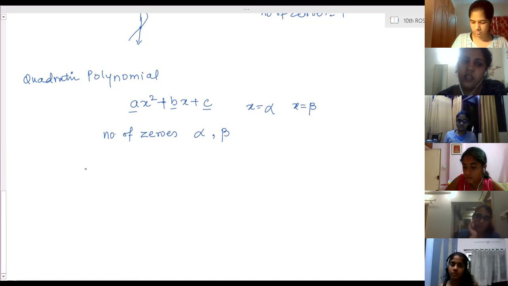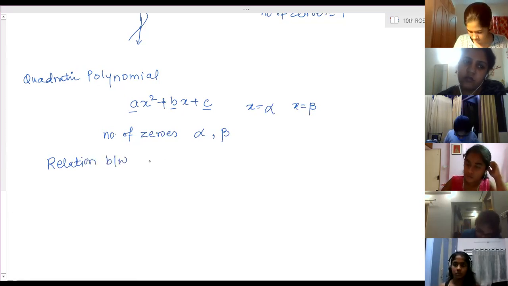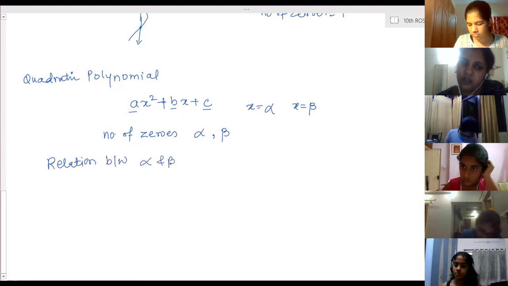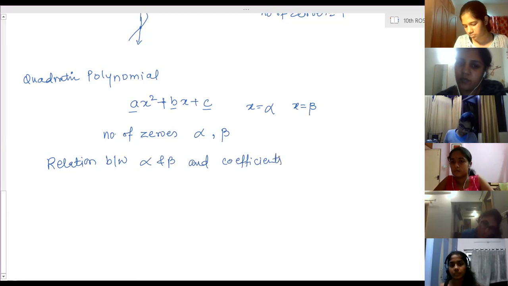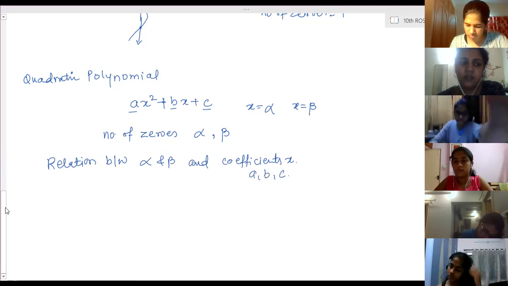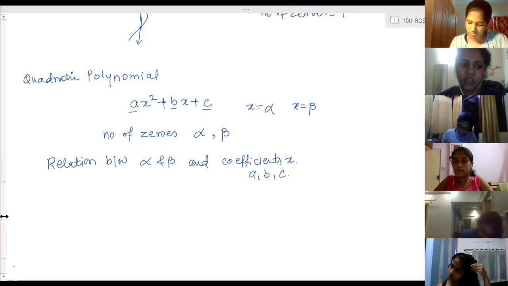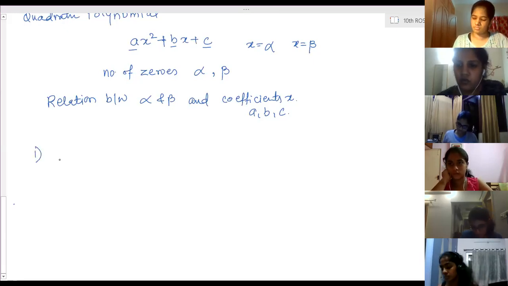Now there is a relation between these alpha and beta, that is the zeros, and the coefficients of x, that is a, b, and c. There are two relations. What is the first one?